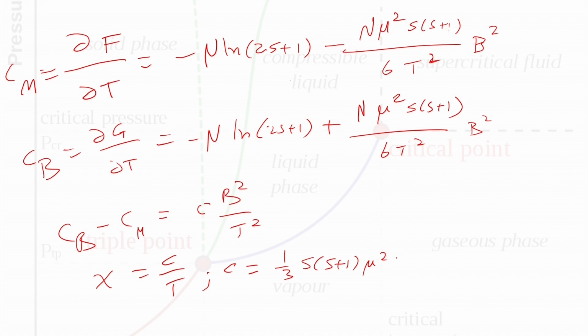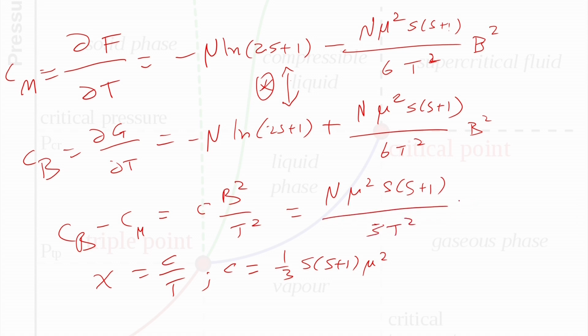So now let us subtract this with this. If I subtract, I get exactly this. So this will cancel out, so Cb minus Cm, these two will cancel out, whereas this will add up. So it becomes n mu squared into s plus 1 over 3t squared times b squared.